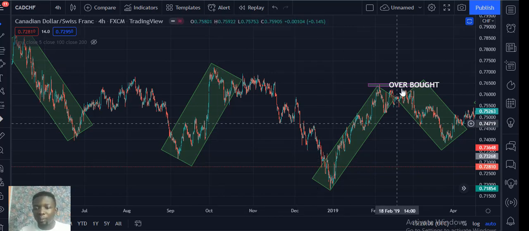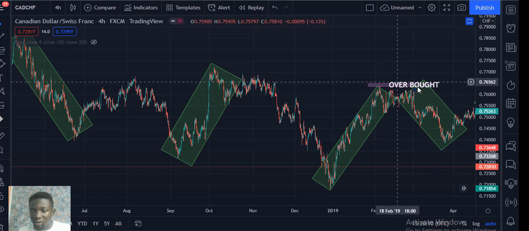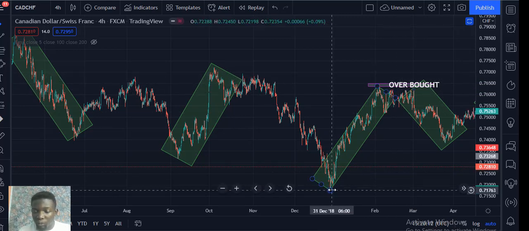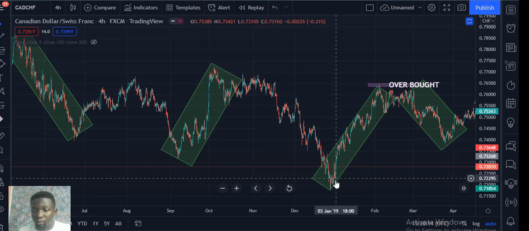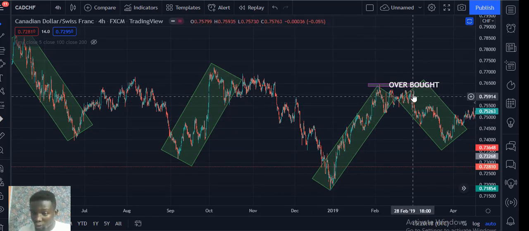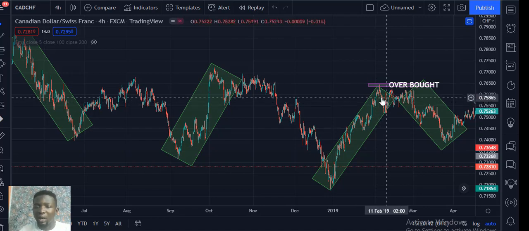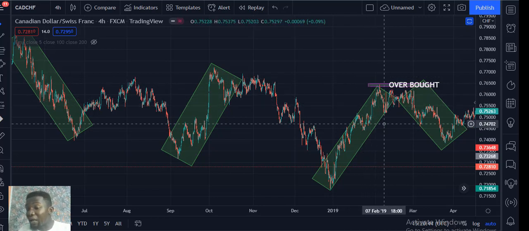Just look at the screen now. You see we bought at this point, and the price keeps pushing up. Then we reach the overbought point, and the buyers stop buying because of the very high price.